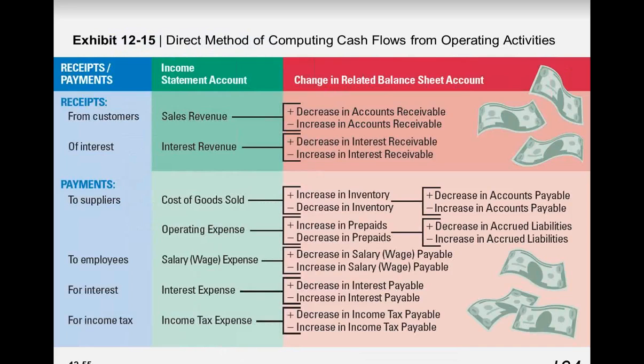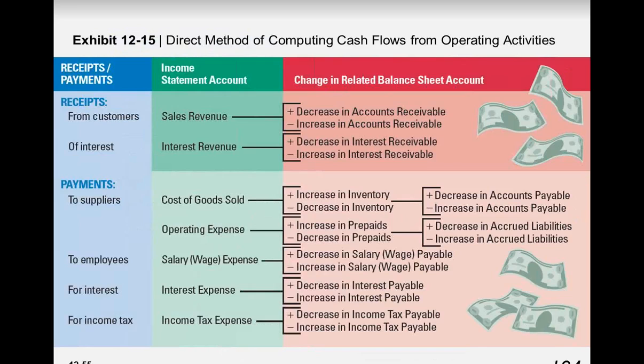This is the chart that I refer my students to use as the cheat sheet to complete these. So payments to suppliers is going to be your cost of goods sold, plus the increase in inventory or minus the decrease in inventory, right? Plus the decrease in accounts payable. So it's just a formula that we're adding together to get these amounts that then appear on your cash flow statement as the receipts from customers, receipts of interest.